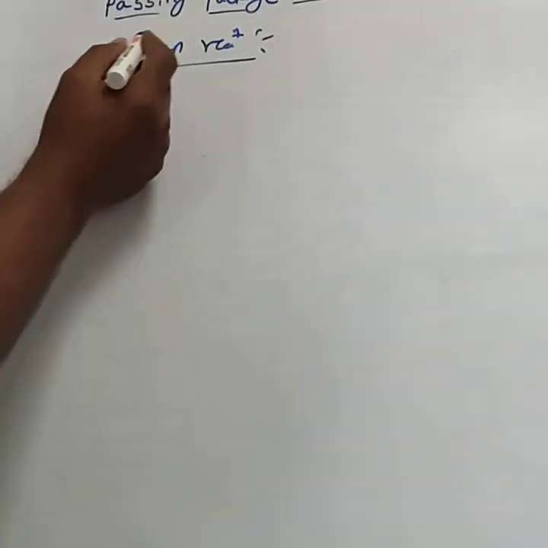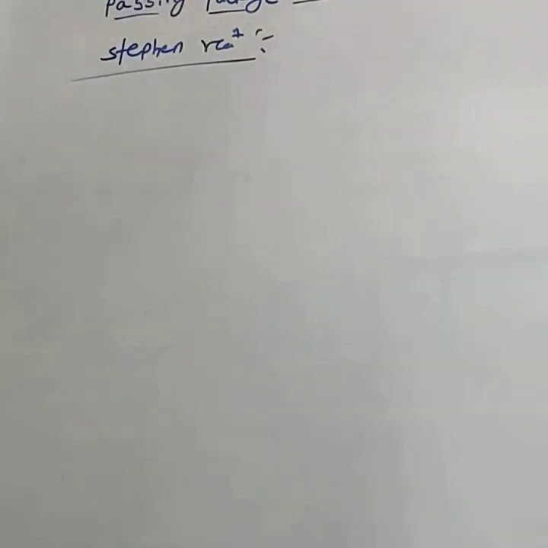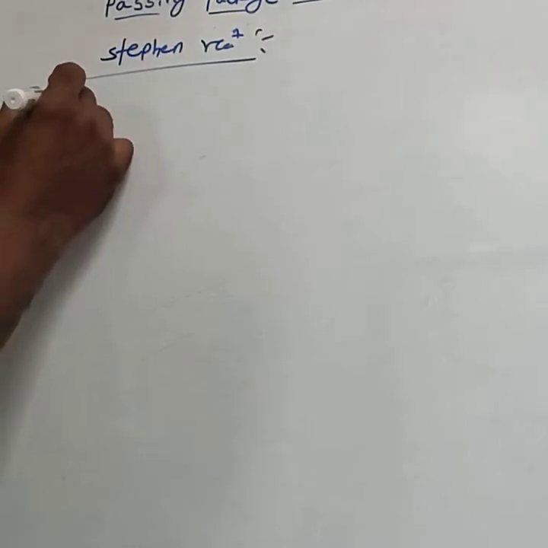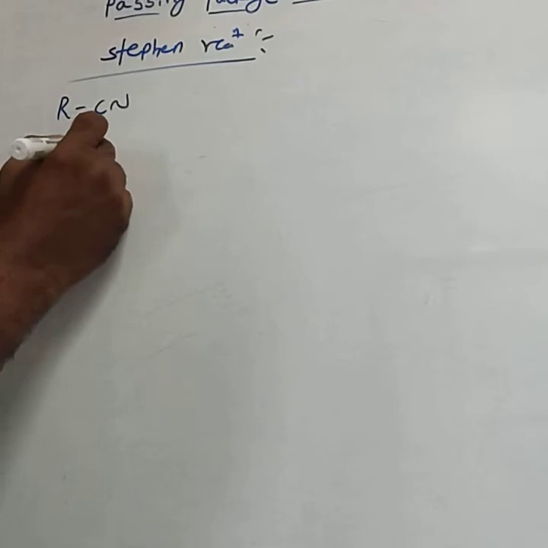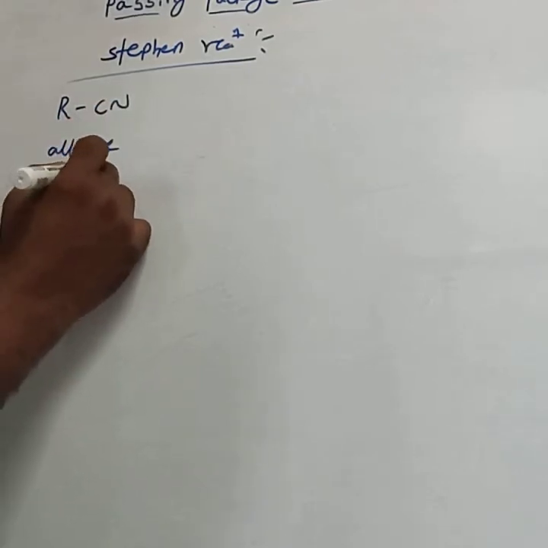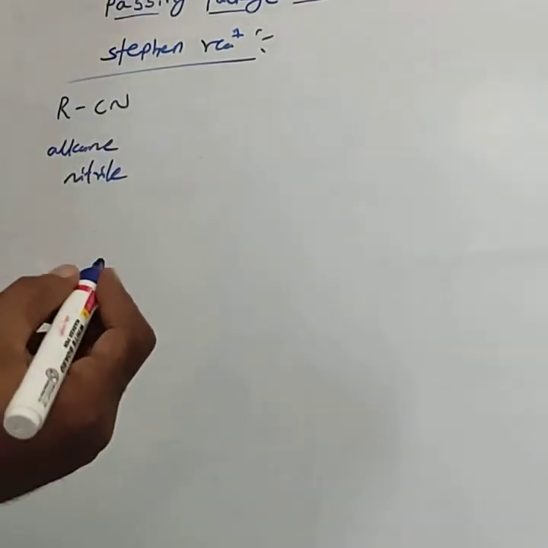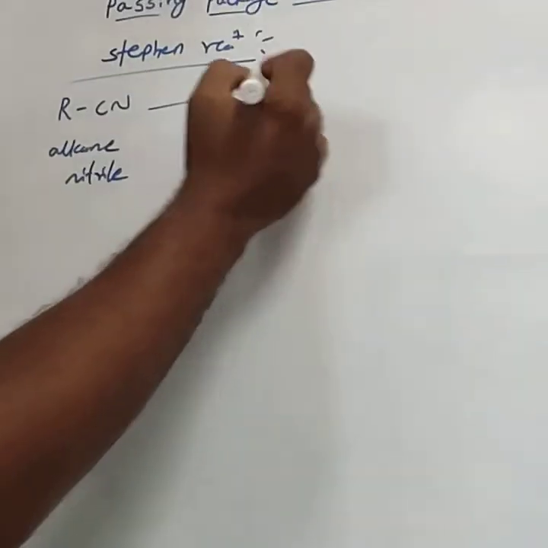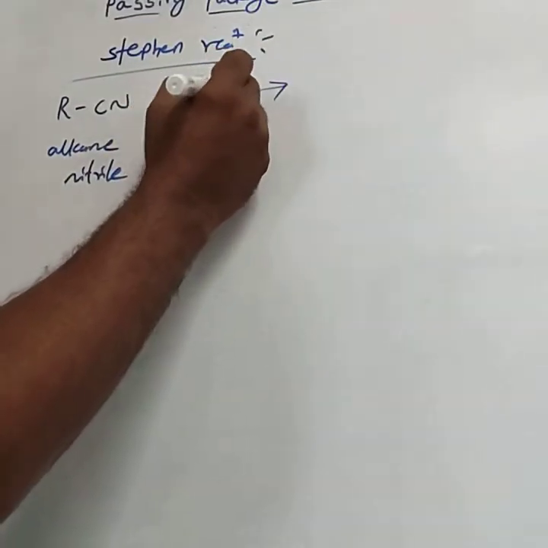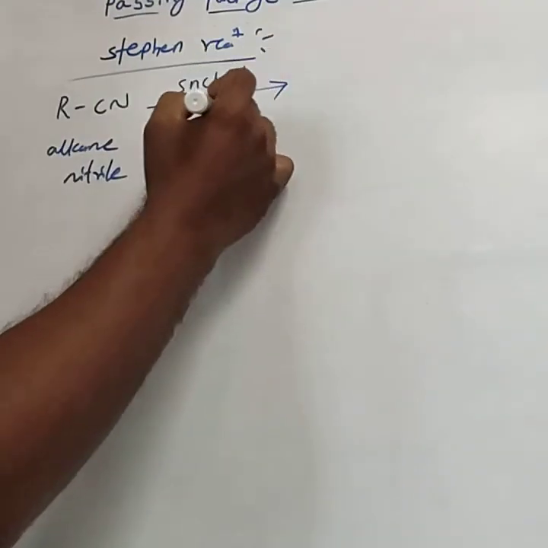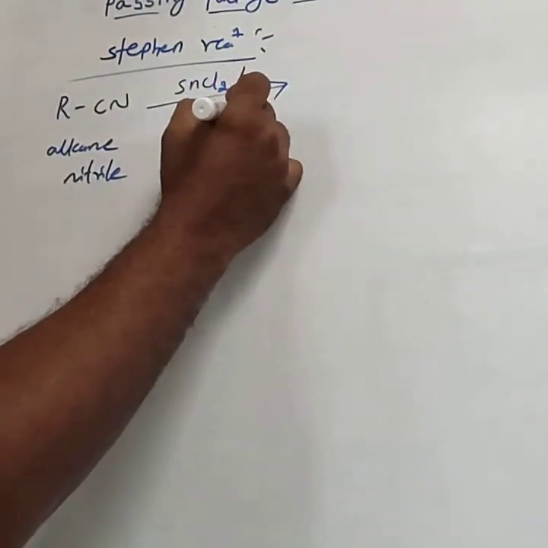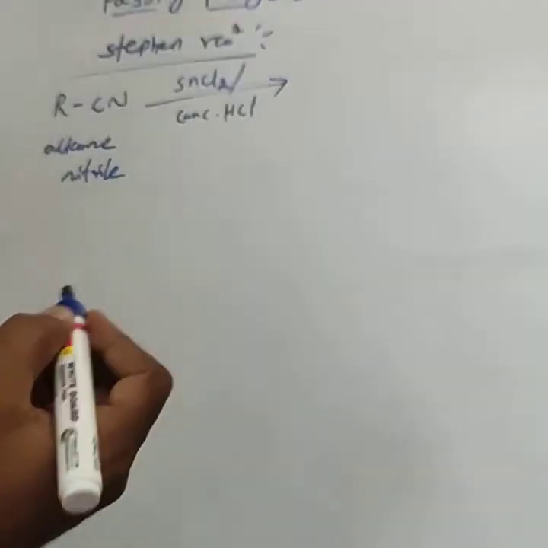Next one is the Stephen reaction. In the Stephen reaction, alkane nitrile is treated with stannous chloride in the presence of concentrated HCl.